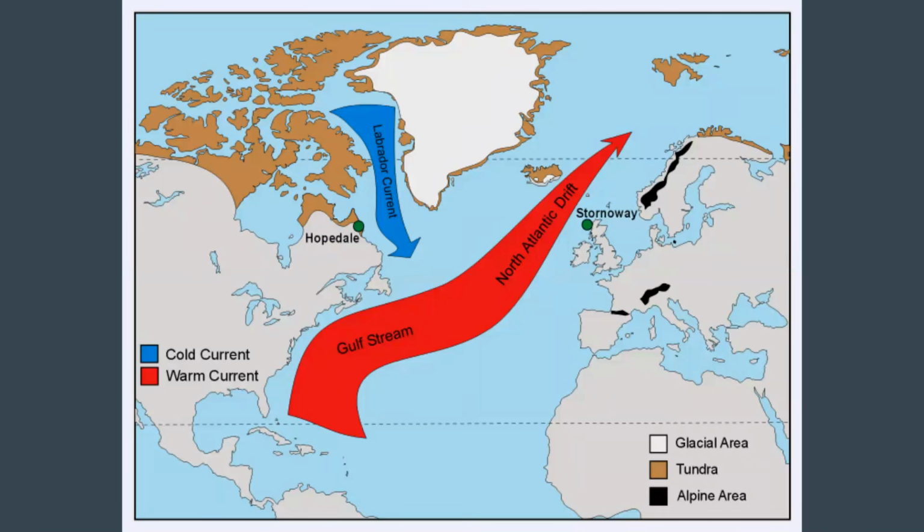You can also tell by this picture, we have a warm current, which is the red, which is the Gulf Stream, coming from Florida up the coast across the Atlantic Ocean and towards Europe. Then you also have the Labrador current, which we don't really get much into, the cold current coming from the poles.